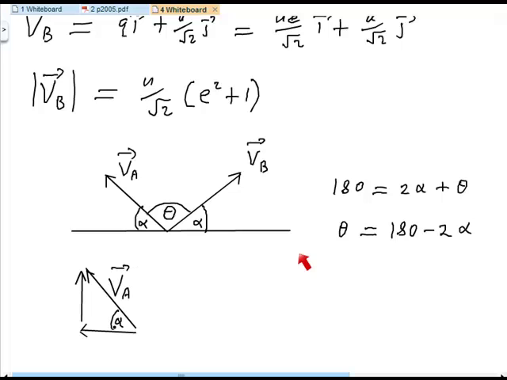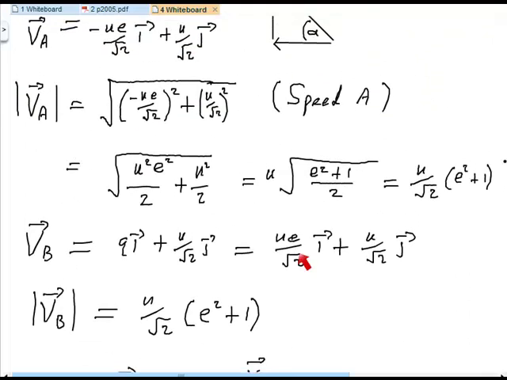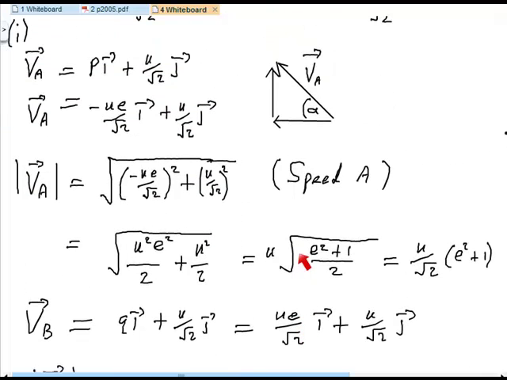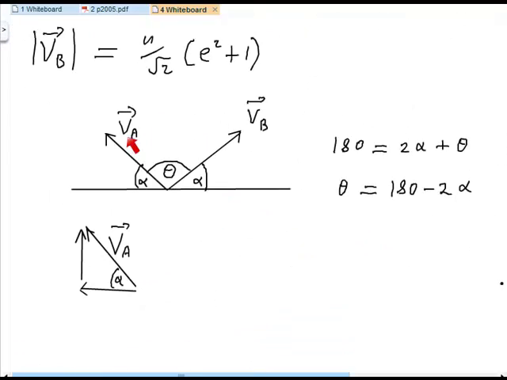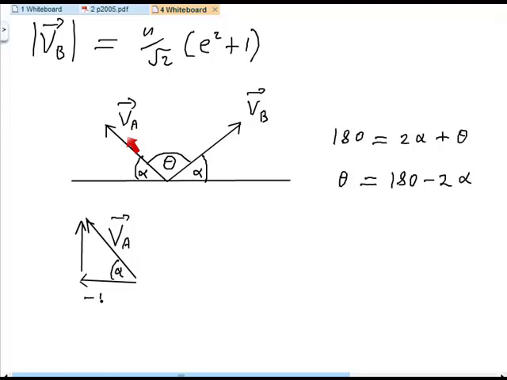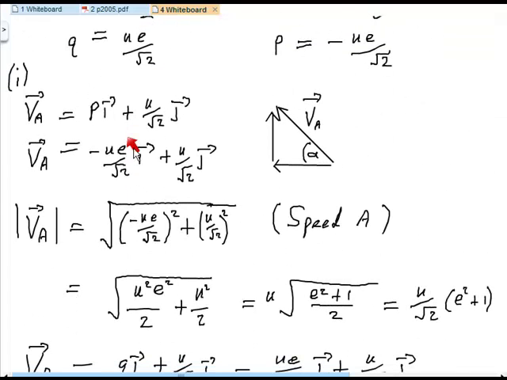Alpha is in here. And the components we already know are minus UE over root 2 in the I direction, and it's U over root 2 in the J direction. So again, we get these from the table, or from our velocity here.